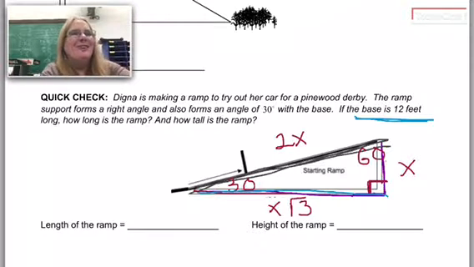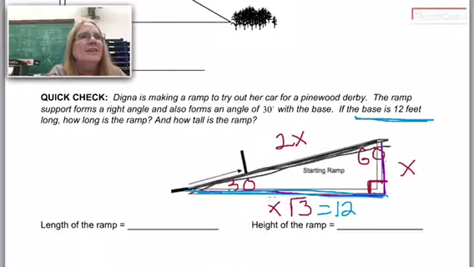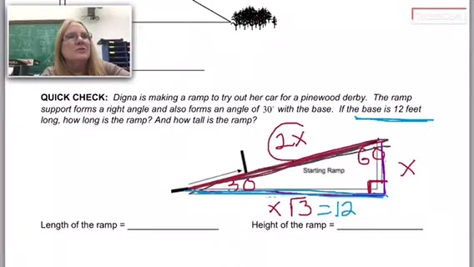The base is 12 feet long. So here's the base, and that's 12 feet. Okay, so how long is the ramp and how tall is the ramp? So how long is the ramp? This is the ramp itself, so that's going to be 2x. And then how tall is the ramp is right here. That's going to be x.